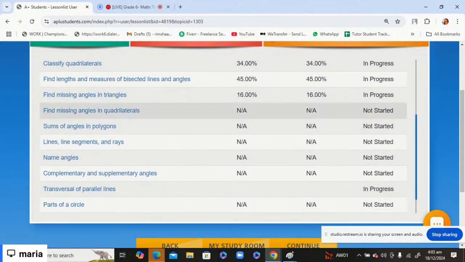The first lesson we cover today is find the missing angles in quadrilaterals.